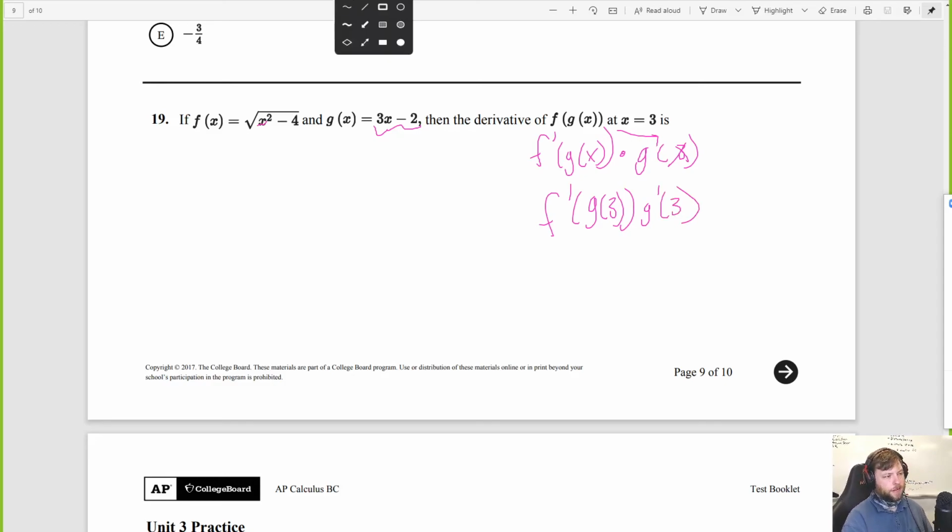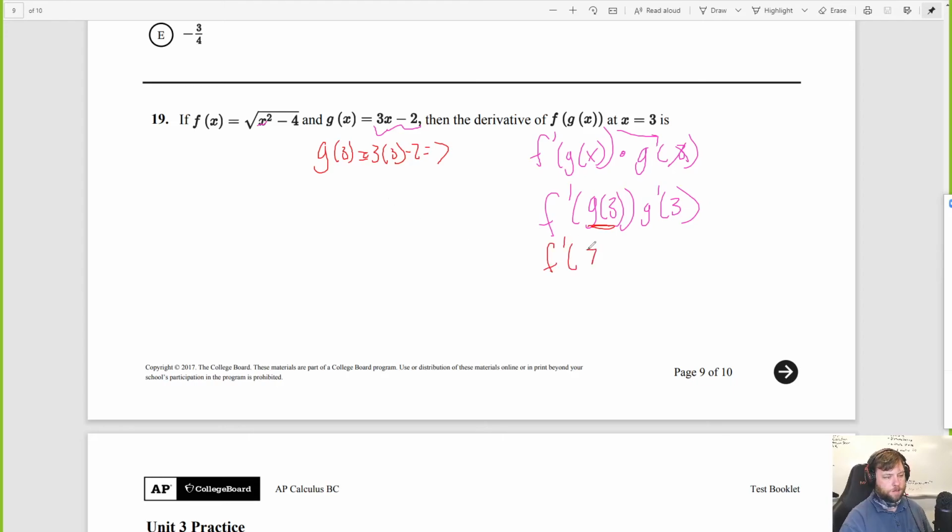So then I got to find a few things when I plug in 3. So first I want to find G of 3. G of 3. 3 times 3 minus 2. 7.